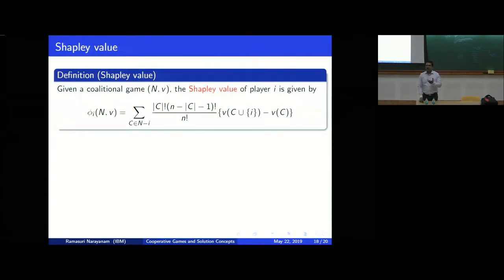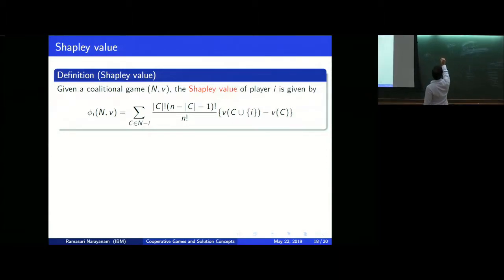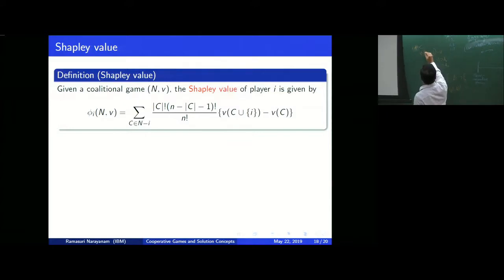you look at marginal payoffs. So you consider a subset C, and the ith player does not belong to C, right? So I is not part of C. Now you look at the value of C union {i} minus v of C only.